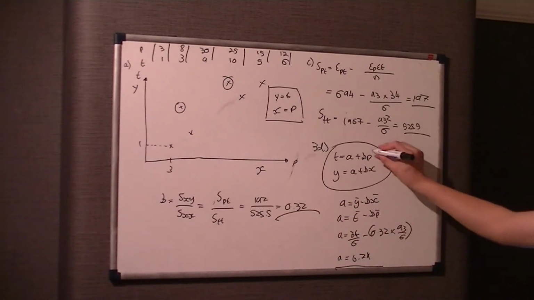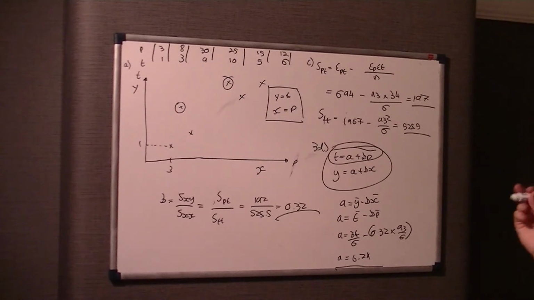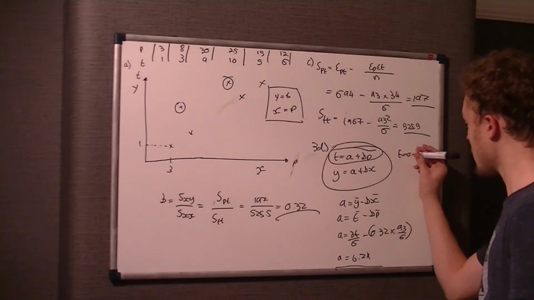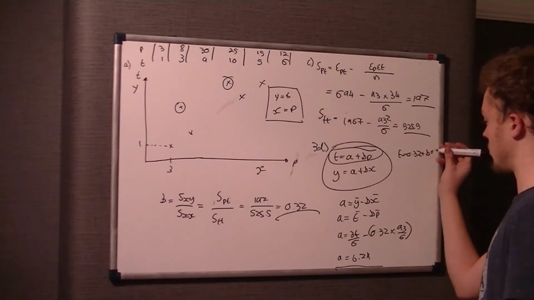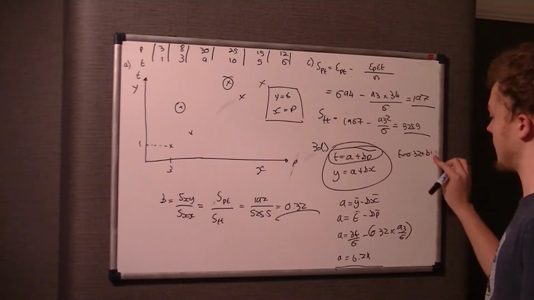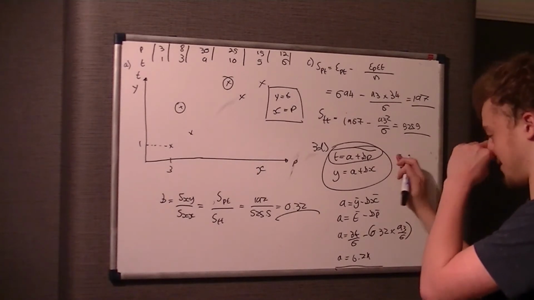Now it's just a case of rewriting this first equation, subbing in A and B. So T is equal to... Oh, for goodness' sake, I made a mess of this, haven't I?